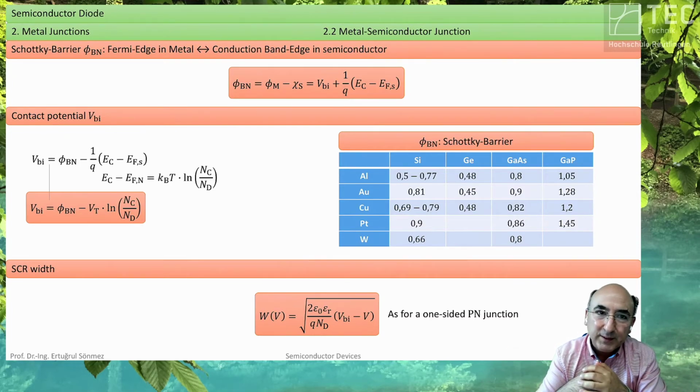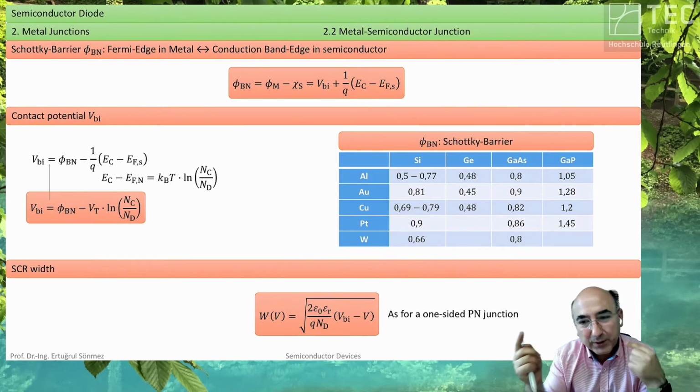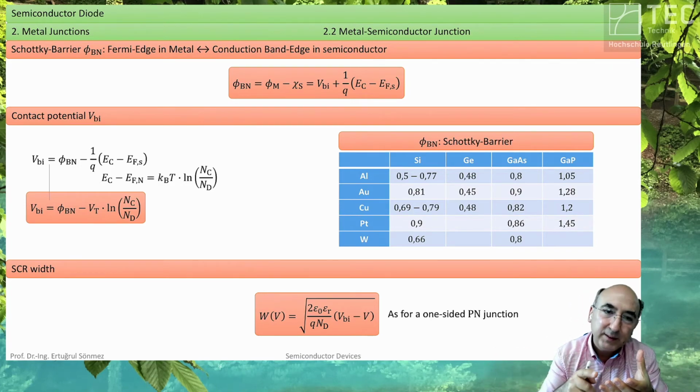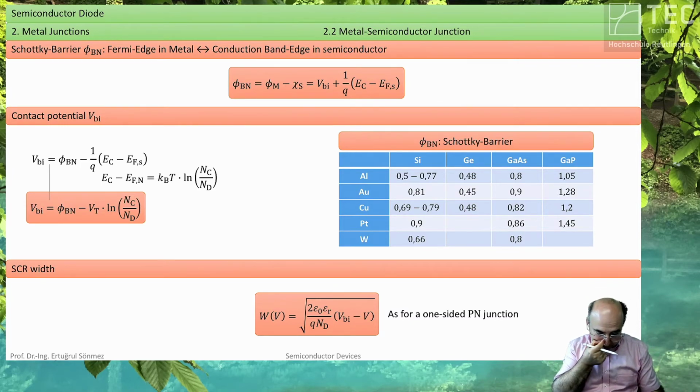If you know that the excess concentration is exponential to the applied forward voltage, and why it is the case, I'm very happy because you have understood the mechanism in the semiconductors, and that's the aim of this lecture.